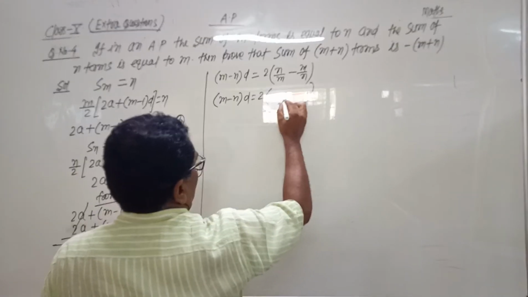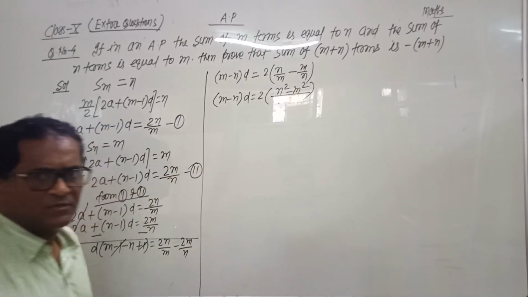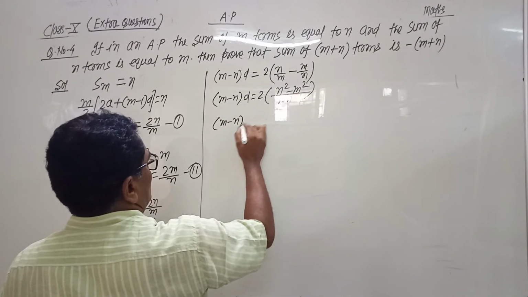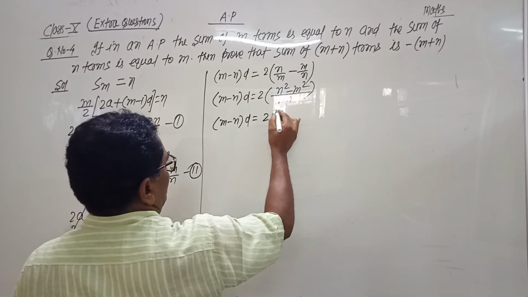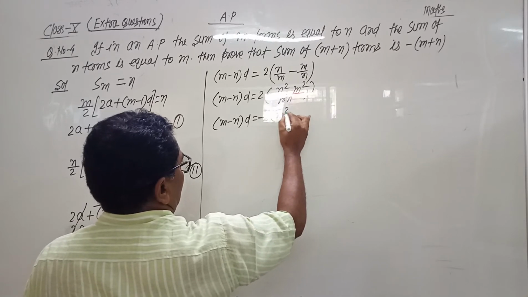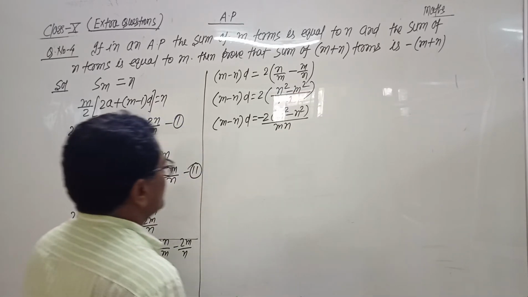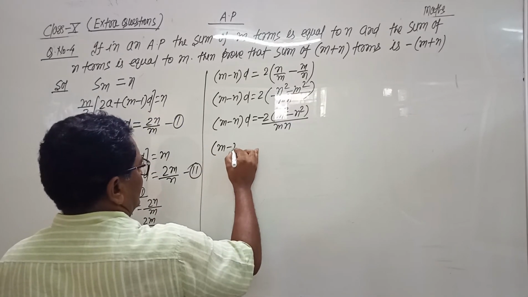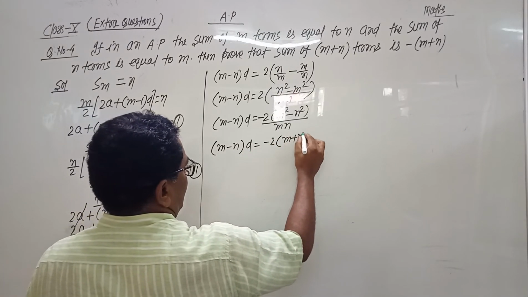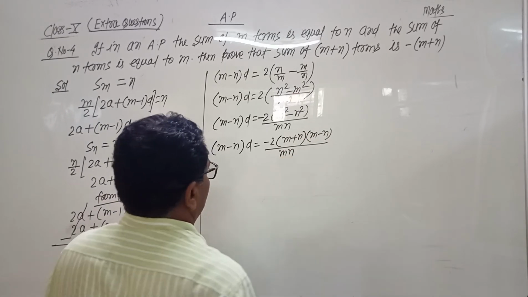Taking LCM, m into n, we get n square minus m square. So (m minus n) into d equals 2 times, taking minus as common from inside, it gives m square minus n square by mn, and (m minus n) into d equals minus 2. This will be written (m plus n)(m minus n) upon m into n.